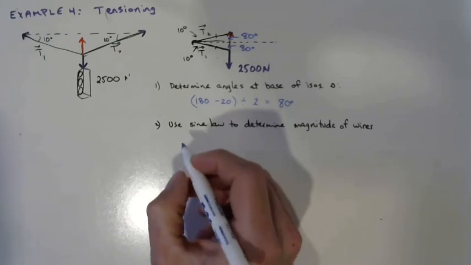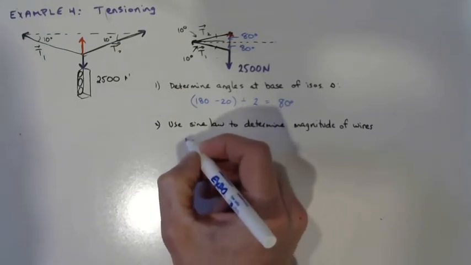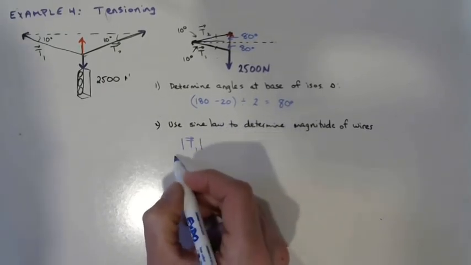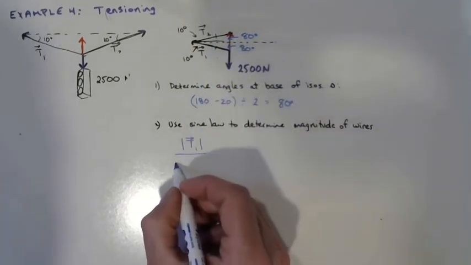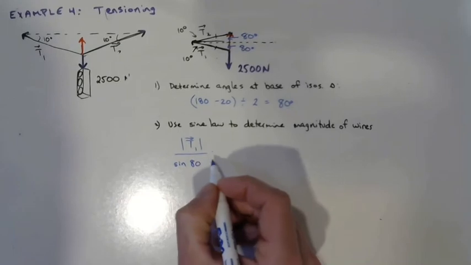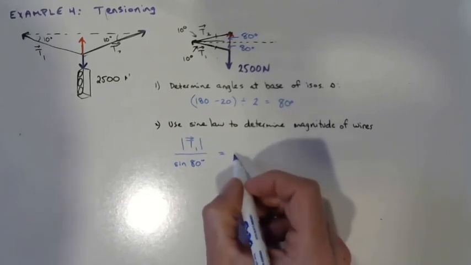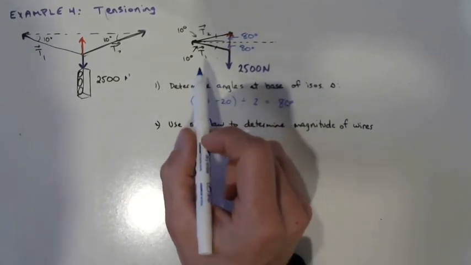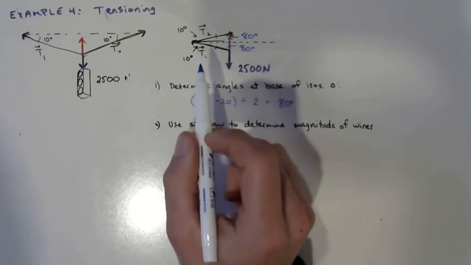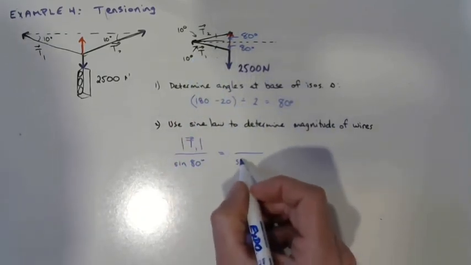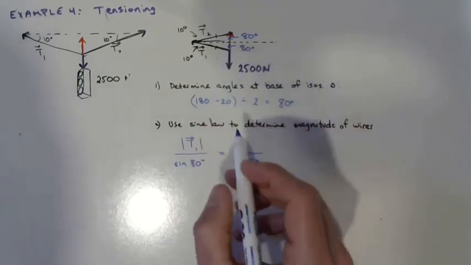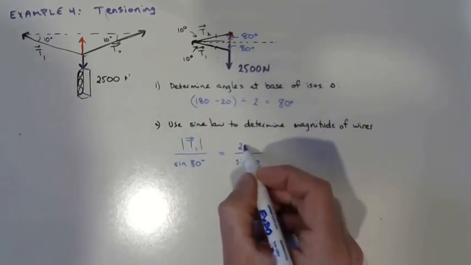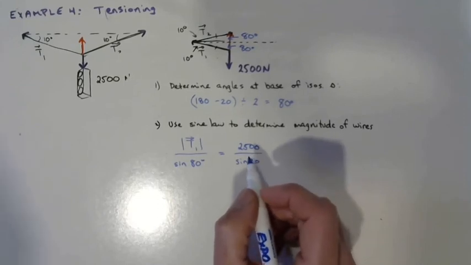So what are we doing here? Let's talk about vector T1, and we're looking for the magnitude of that. T1 is opposite an angle of 80, so that's over the sine of 80 degrees. Then our completed ratio is the sine of 20 degrees down in the bottom, and our upward force, our resultant, is 2,500 newtons.